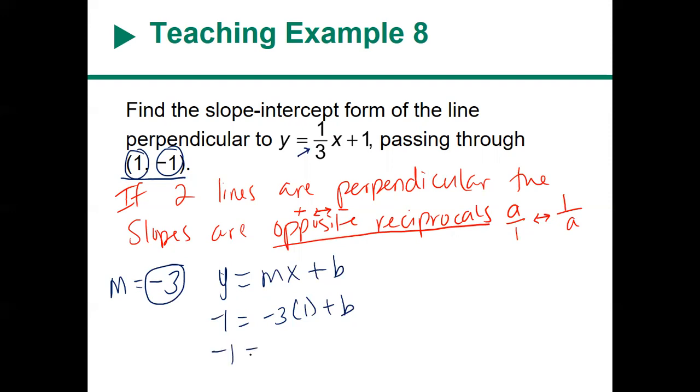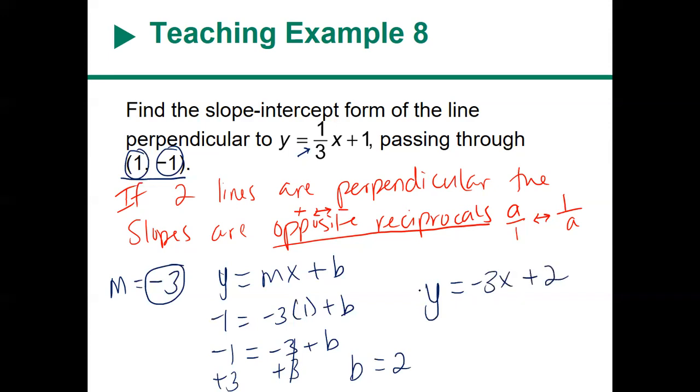That gives me -1 equals -3 plus b. What do I need to do to get b by itself? I'm going to add 3. And what is -1 plus 3? 2. So my equation is y equals negative 3x plus 2. Remember, there's more than one way to find the equation of a line given a point and a slope.